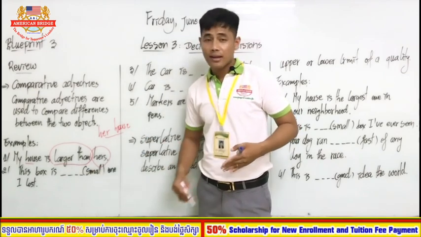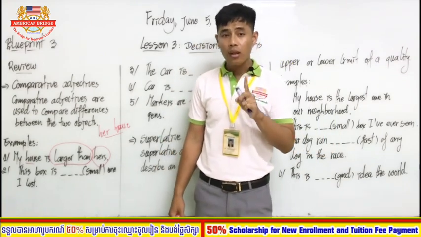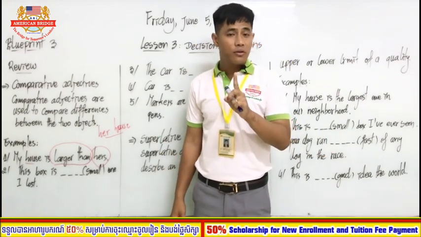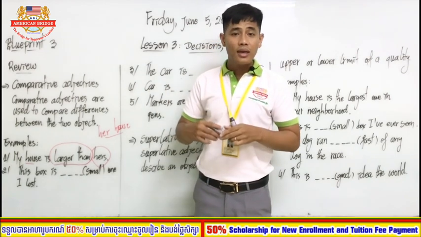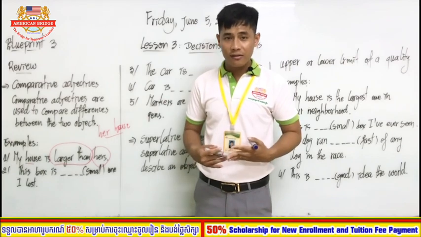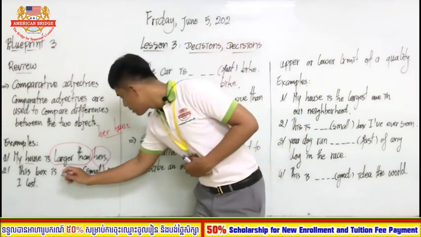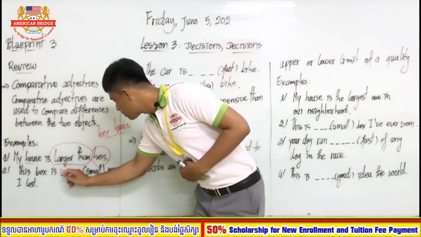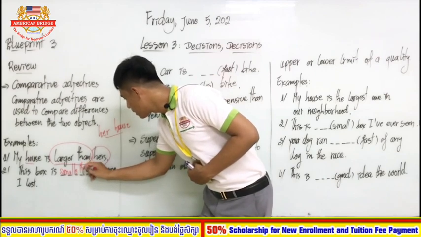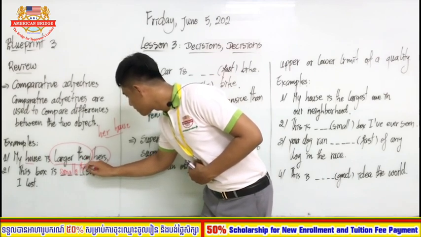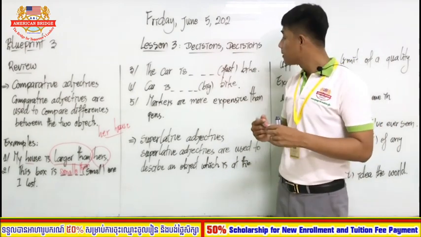As you know, every adjective that has only one syllable, one sound, when we use it to compare, we have to add er to that adjective. So smaller than. Okay? Smaller than the one I lost. Good job, everyone.